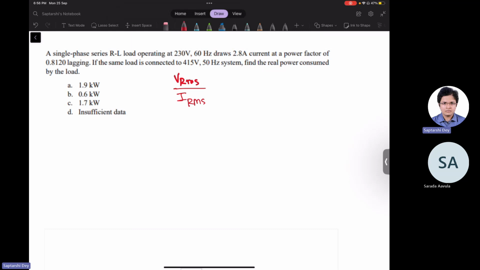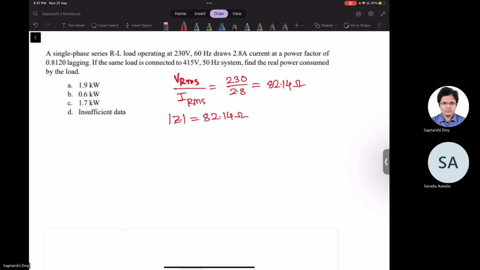So V RMS by I RMS is 230 by 2.8, which gives us 82.14 ohm. This is the impedance. Magnitude of the impedance is 82.14 ohm.